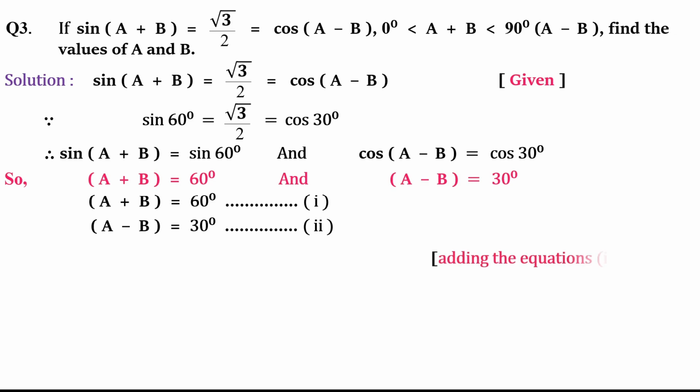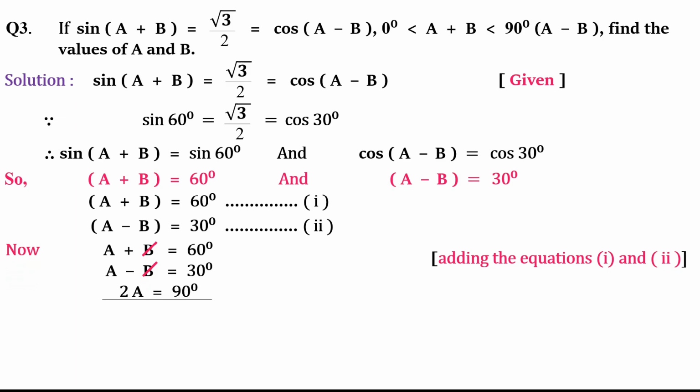So let's add both the equations 1 and 2. On adding, as I told you, plus b minus b gets cancelled and a plus a becomes 2a. Right-hand side we have 60 plus 30, it becomes 90. From here I get the value of a as 45 degrees. And now to get the value of b, I have to substitute this value of a in any one of the equations.